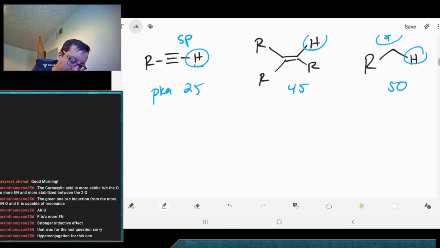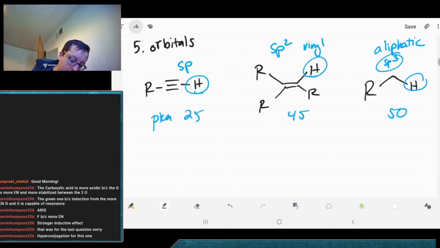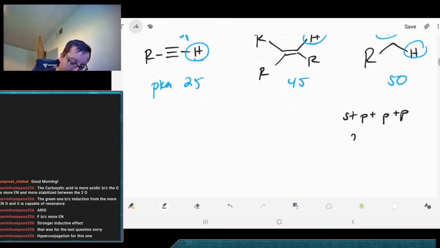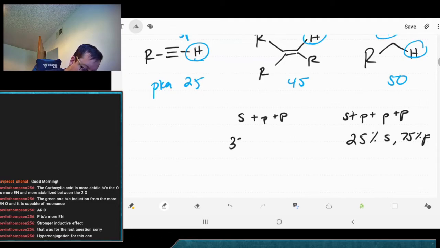If we take a look at these orbitals, if we want to think about what these mean, this means that this orbital is 25% s, 75% p, if it's sp3. If it's sp2, we're looking at about 33% s and 67% p.